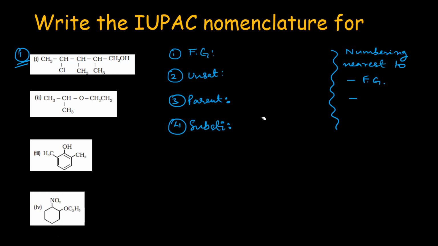If there is no functional group, then you will look for the double bond. If there is no double bond, then you will look for the triple bond. This is the order you are going to follow when numbering. The same pattern is followed when determining the parent chain. So start from numbering, and you will get the parent chain there. You'll follow this pattern: functional group, double bond, triple bond.